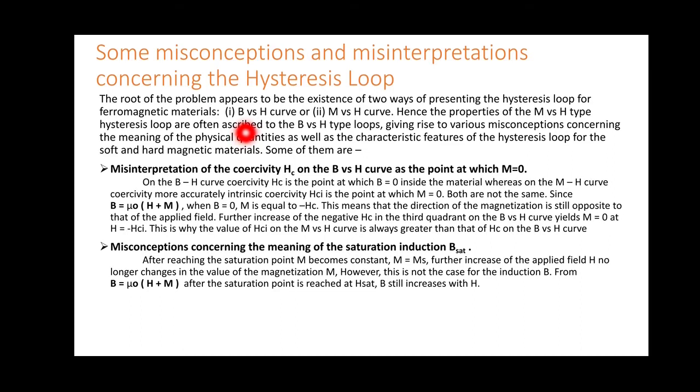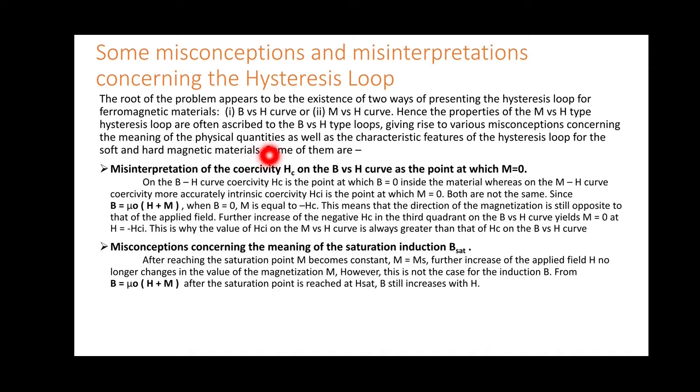We can present it either as a B versus H curve or an M versus H curve. Hence, the properties of the M versus H type hysteresis loop are often ascribed to the B versus H type loops and vice versa, giving rise to various misconceptions concerning the meaning of physical quantities as well as the characteristic features of hysteresis loops for soft and hard magnetic material.